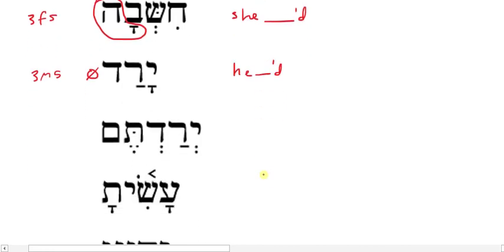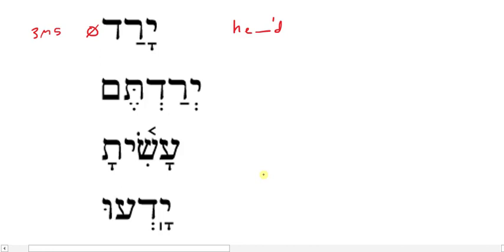Good. Moving along, I have yeradtem. What's my personal ending? Pronounce the personal ending for me. Tem. So I'm going to bracket tem out, and then I can identify it as which person, gender, number? Second masculine plural. So who did this? Y'all blanked.